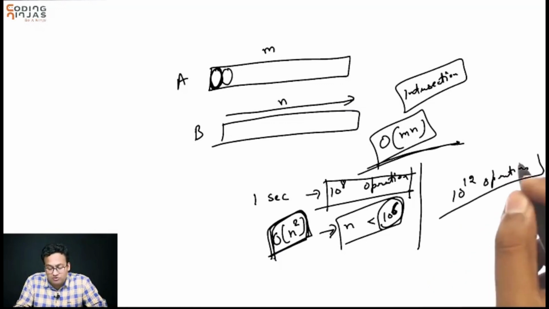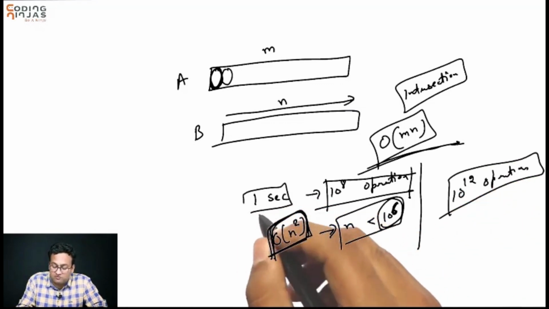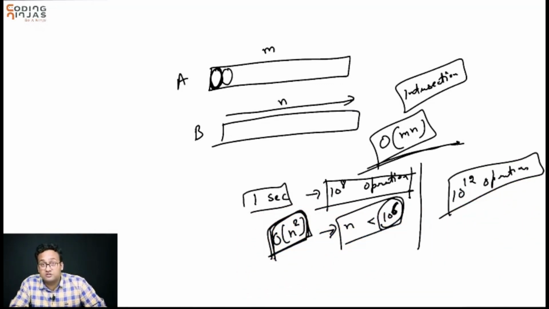We will not be able to do 10 to the power 12 operations in 1 second, because in 1 second I can only do 10 to the power 8 operations. So it tells me that n square is not good enough. I need to find a better solution.